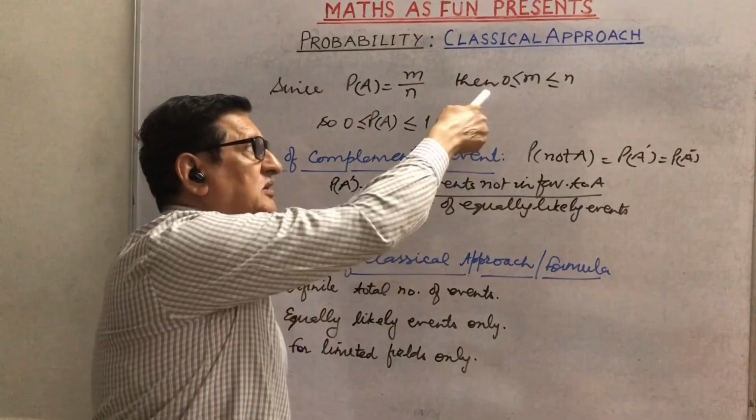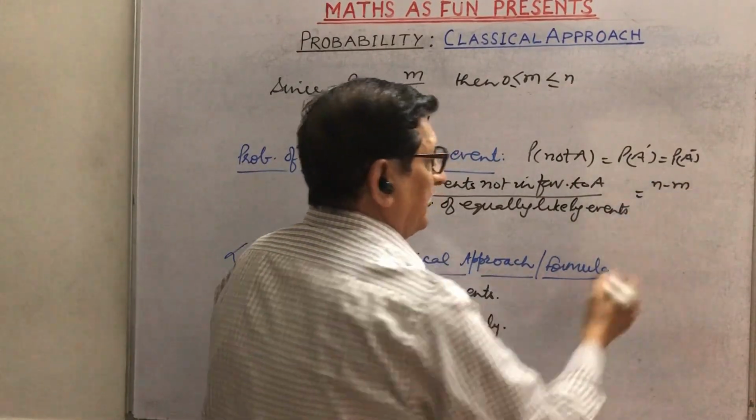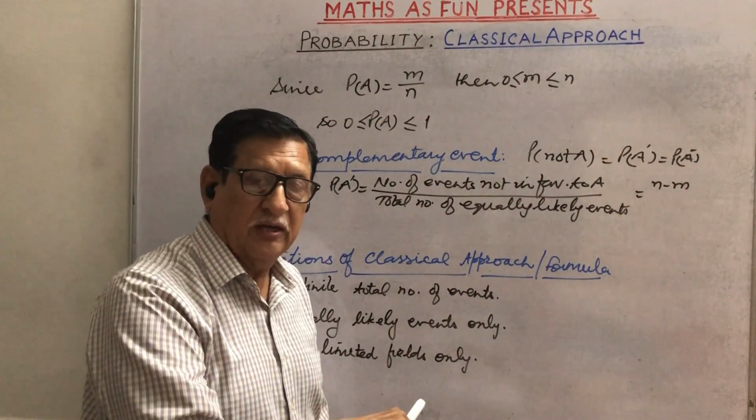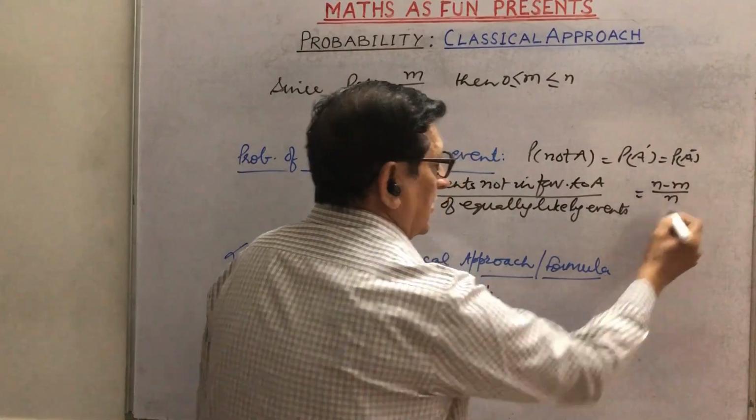When m is in favor of A, certainly n minus m will be not in favor of A, meaning when A does not happen, divided by n.